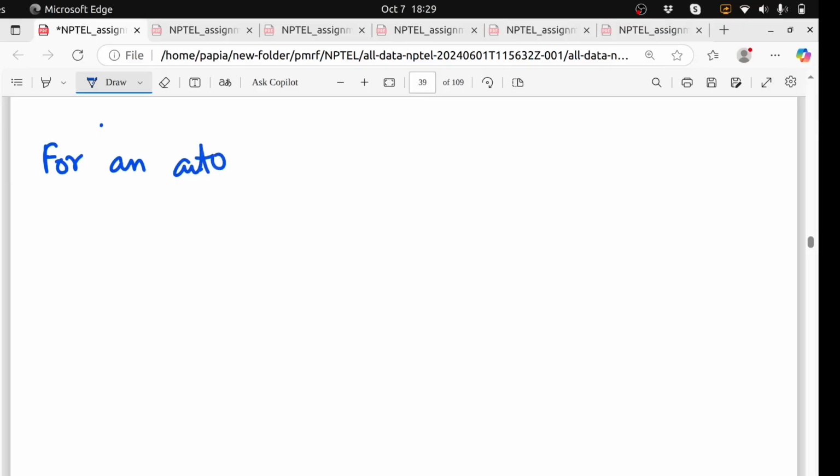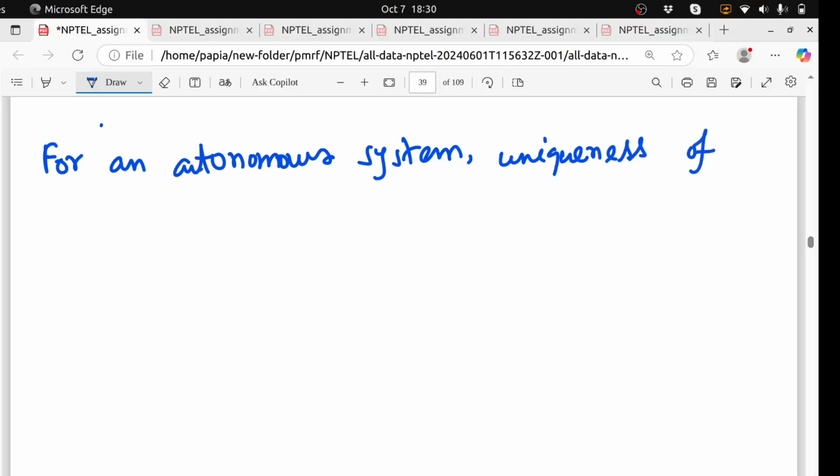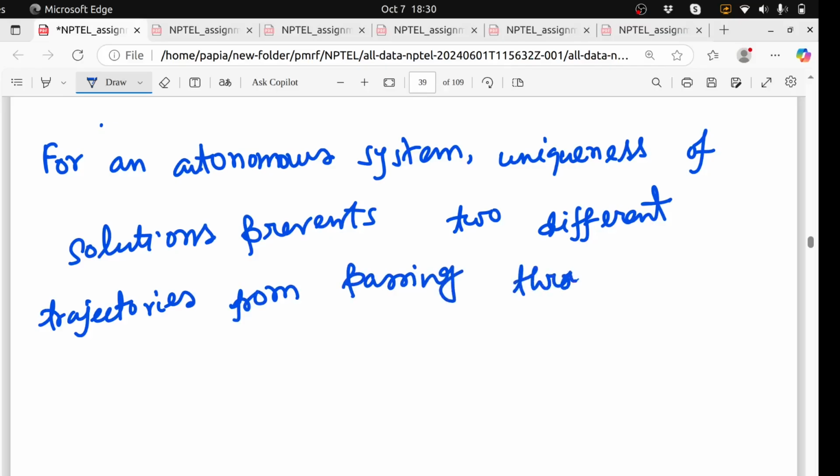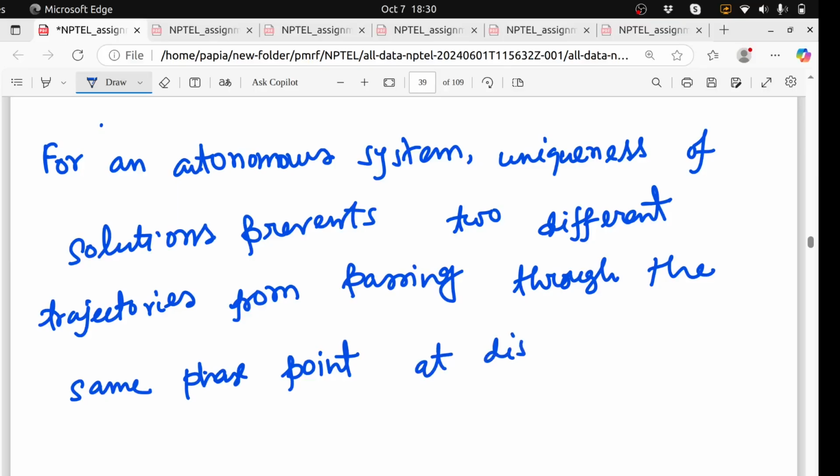For an autonomous system, uniqueness of solutions prevents two different trajectories from passing through the same phase point at different times.